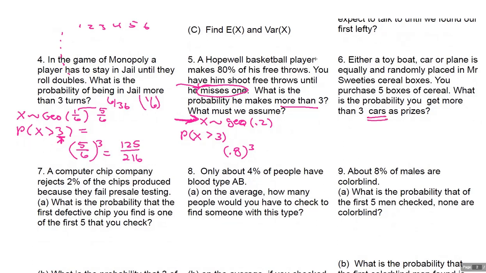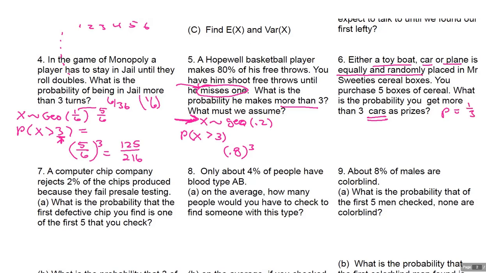The cars as prizes. I want to know the probability of getting a car. What's the probability of getting a car? If there is a boat, a car, and a plane, all equally and randomly placed in boxes, it would be 1/3, right? Exactly. So in this case, P, the thing I'm interested in, is 1/3.